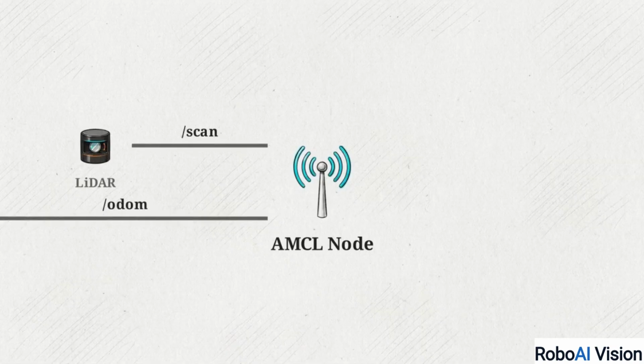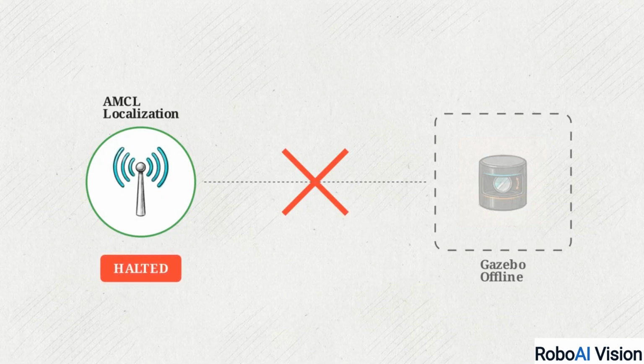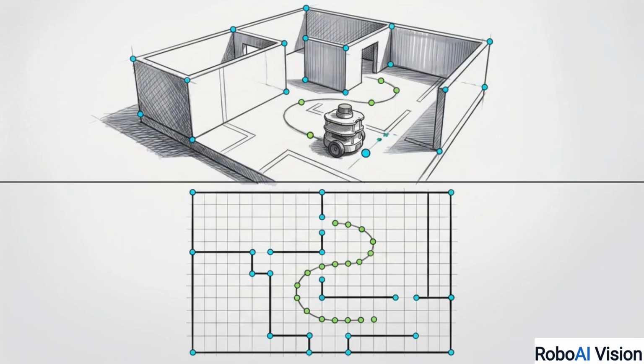AMCL relies on an active data stream. The moment it boots, it begins listening to the LiDAR scan and odometry topics published by the simulation. If you reverse this order, AMCL boots up, checks for LiDAR data, finds an empty void, and halts its pose estimation. The simulated environment must generate physical data before the robot can mathematically locate itself within it.